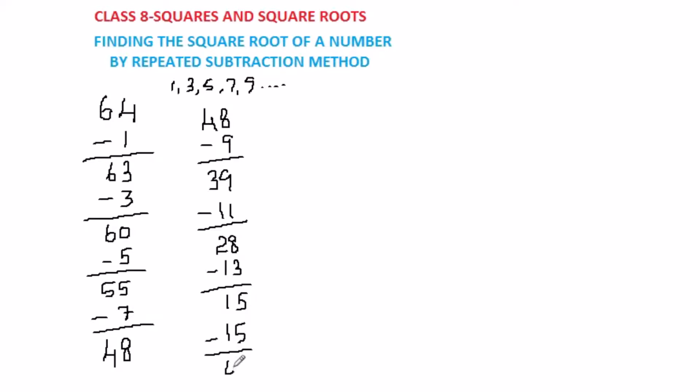The number we had chosen is a perfect square number. Hence when you subtract with the odd numbers, the final answer is always 0. It will end up with 0 only. Now just count how many times the number is being subtracted.